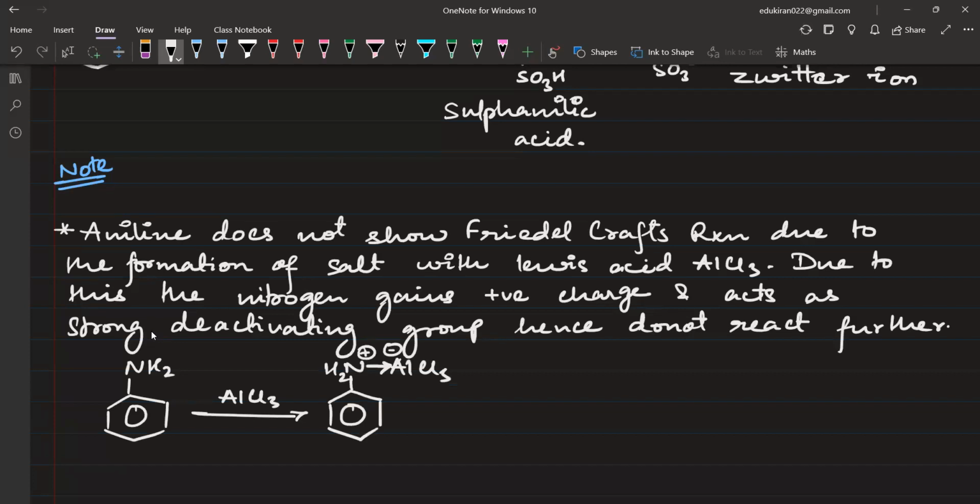But since this nitrogen atom is having a positive charge, it cannot really react further to show Friedel-Crafts alkylation or Friedel-Crafts acylation, both of these reactions. Please copy this down.